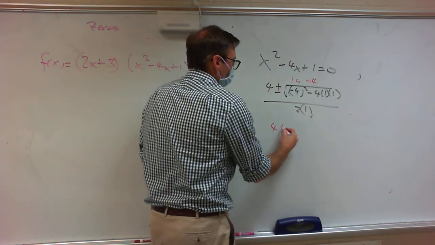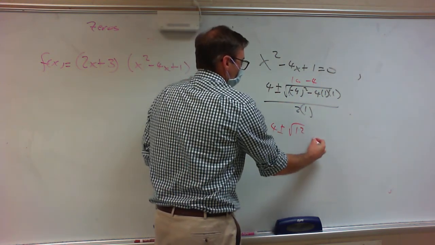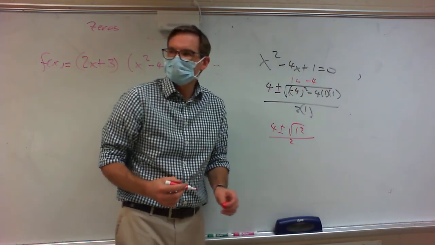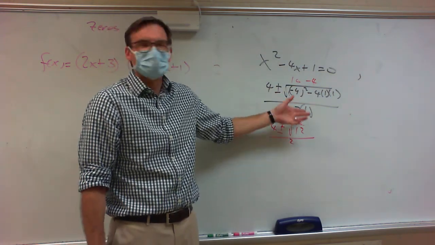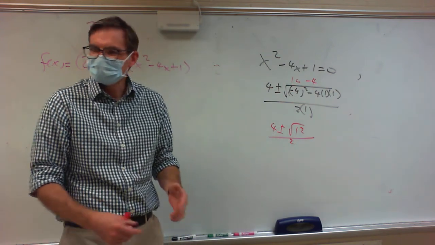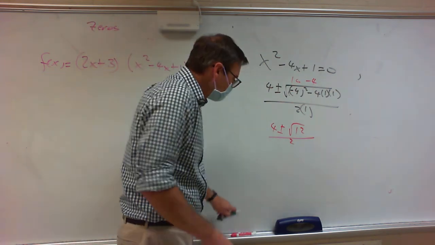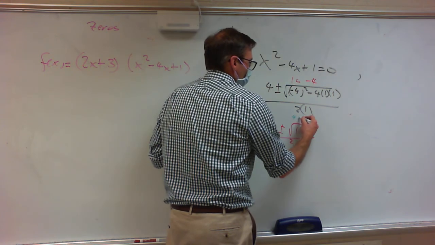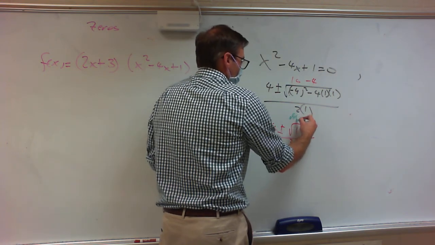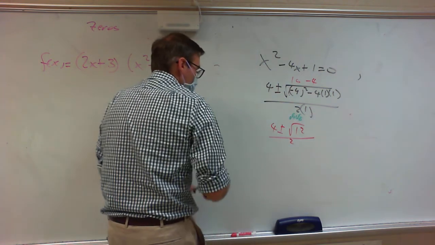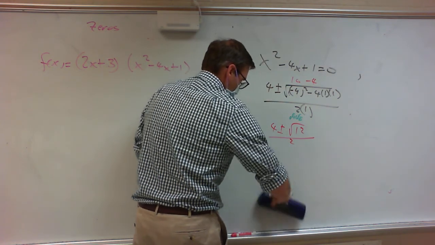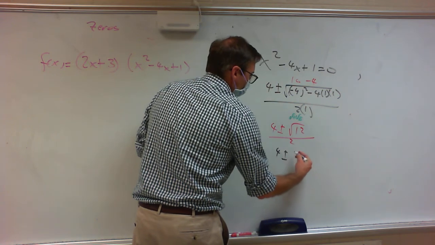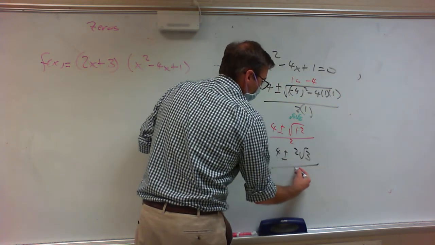So we end up with 4 plus or minus the square root of 12 all over 2. The square root of 12 we can clean up because that's 4 and 3, so 2 root 3. When I simplify this whole thing, this is going to give me 4 plus or minus 2 square root of 3 all over 2.